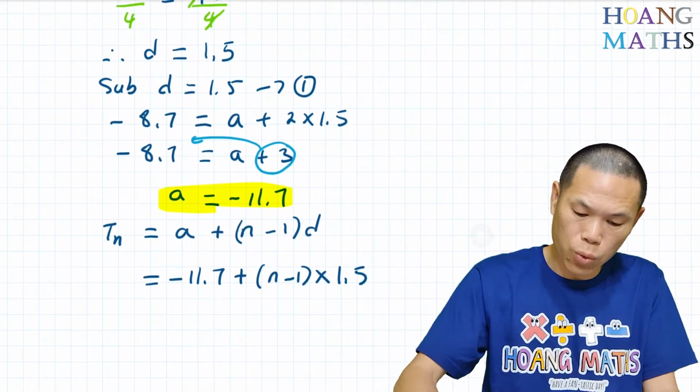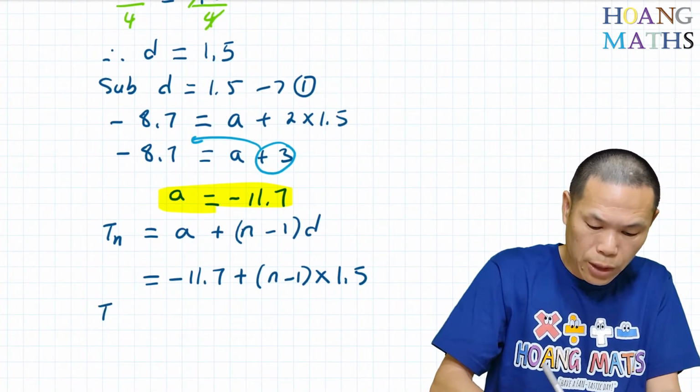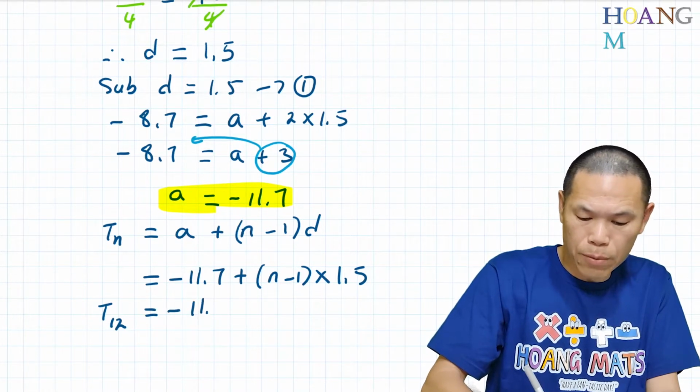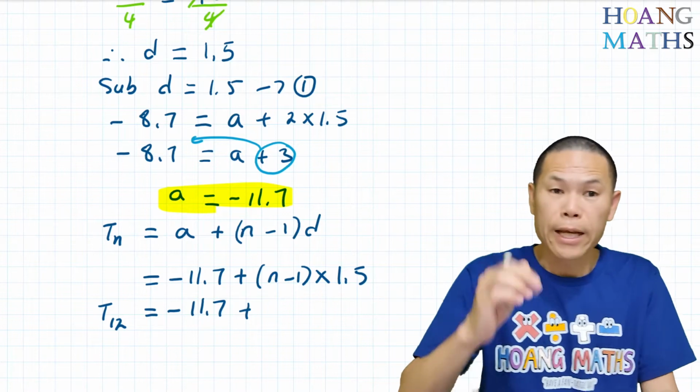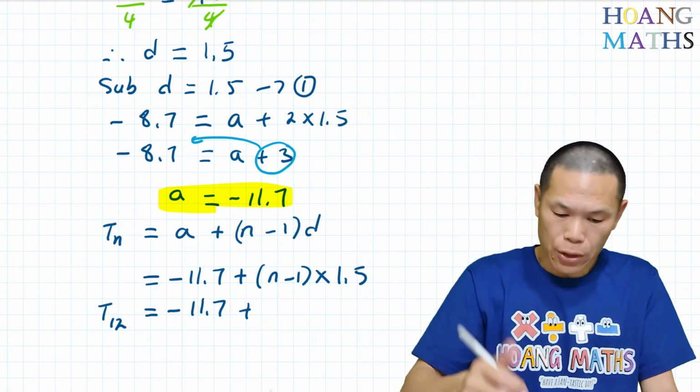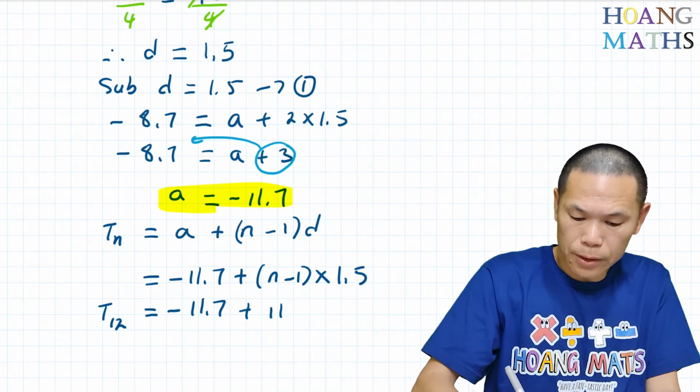So T12, in other words, T12 is equal to negative 11.7. We add now, n is 12, so 12 minus 1 is 11. So 11 times 1.5.